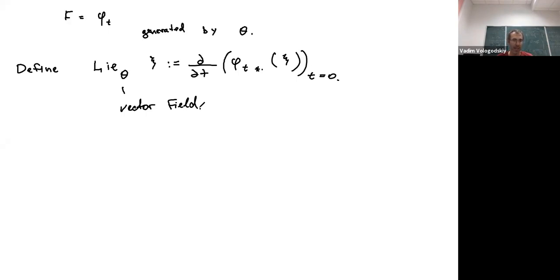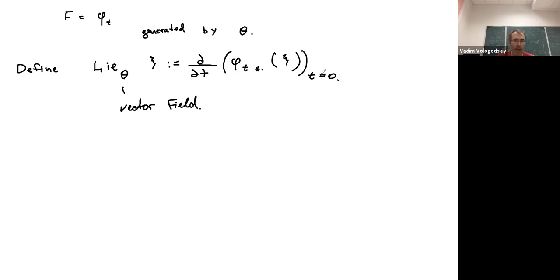And whenever you have a vector space on which you have an action of the group of diffeomorphisms, you can use this construction to define an action of vector fields on this vector space. So we start with an object on which diffeomorphisms act. We apply the one parameter group of diffeomorphisms corresponding to theta, and then we differentiate with respect to t and plug in t equals 0.